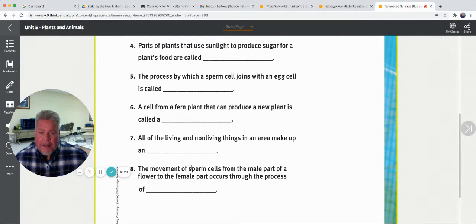But the movement from the plants, the sperm cell to the female part is called what? That's called pollination. That's what the bees do. They pick up the pollen on their legs and drop it at the next flower. That movement is called pollination. So make sure you know the difference between number 5 and number 8 here. When that sperm cell and egg cell join together, that's fertilization. But the movement of the sperm cell is called pollination, okay?